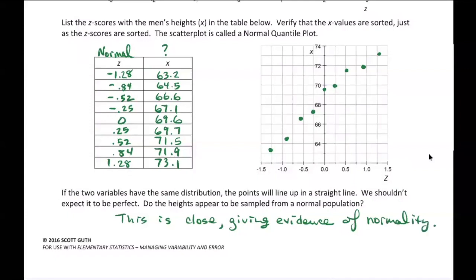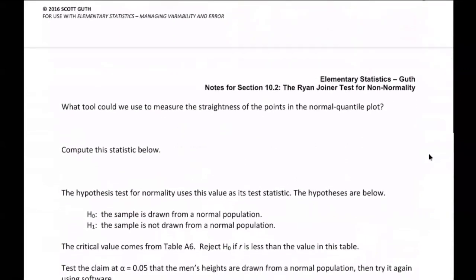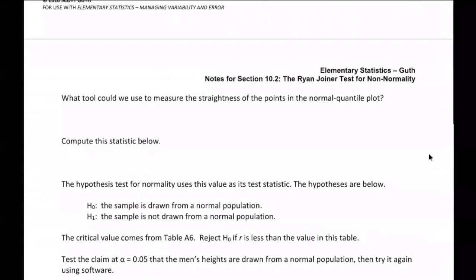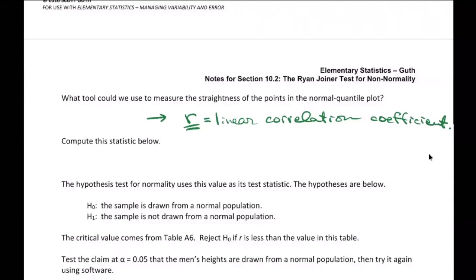Okay, so to the next page. What tool could we use to measure the straightness? R, which is the linear correlation coefficient. Okay, and then it says compute it below.